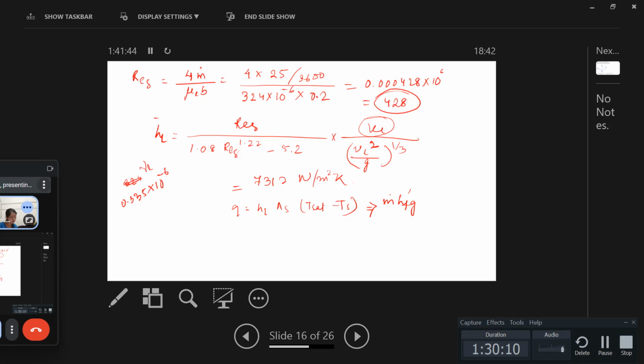So this divided by HL AS is equal to T set minus TS. So TS is also given as T set minus m dot HFG divided by HL into AS. T set was 100. This should be prime.